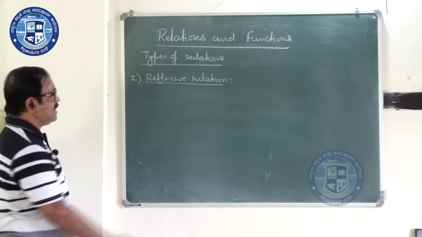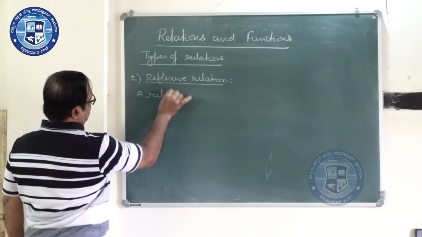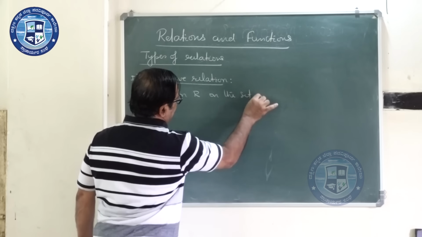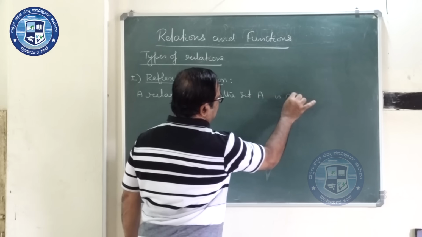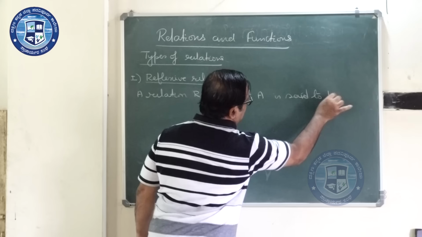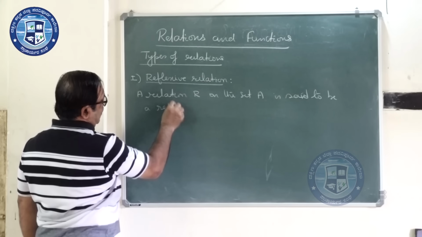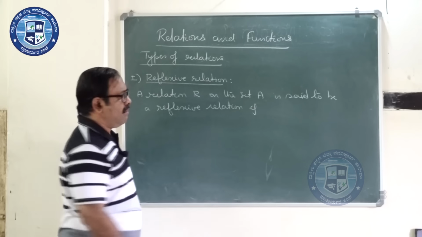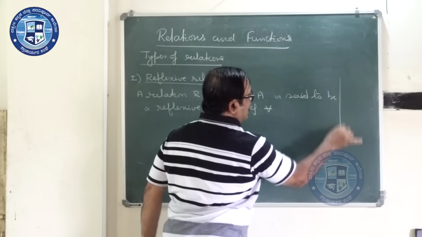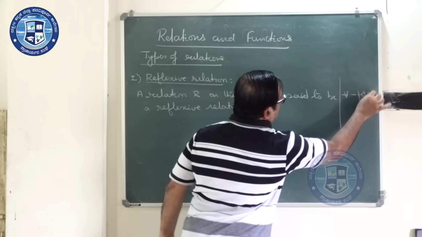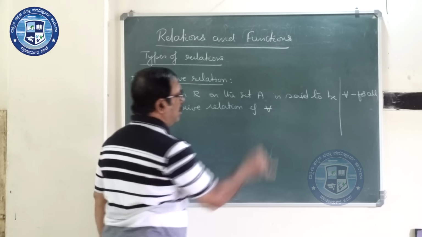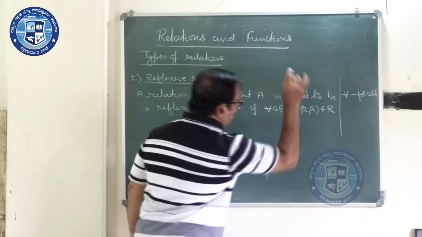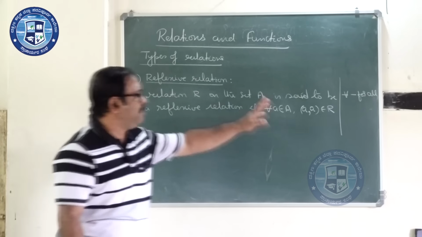So definitions are important. A relation R on the set A is said to be a reflexive relation if for all, see this symbol represents for all or for every, for all a belonging to A, (a, a) belongs to R. What do you mean by (a, a) belongs to R?